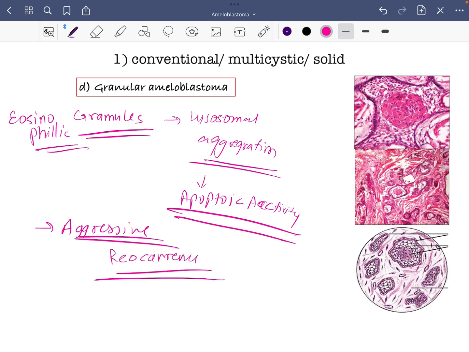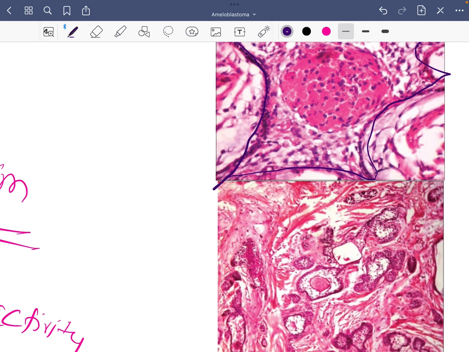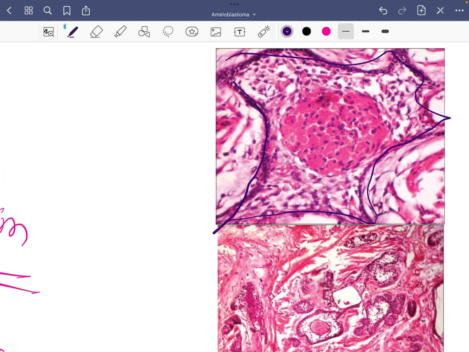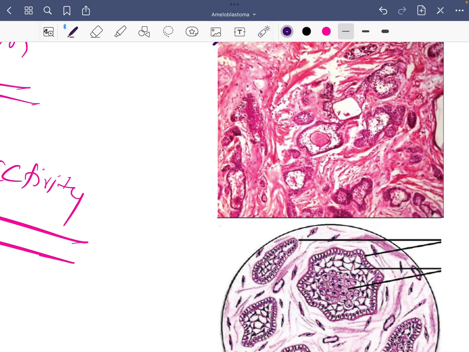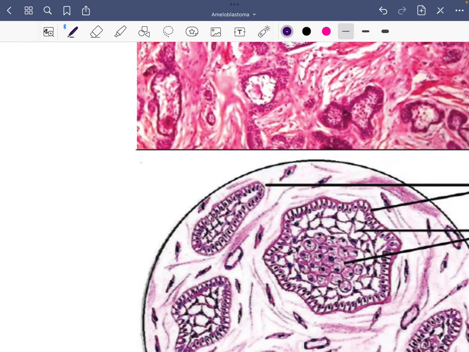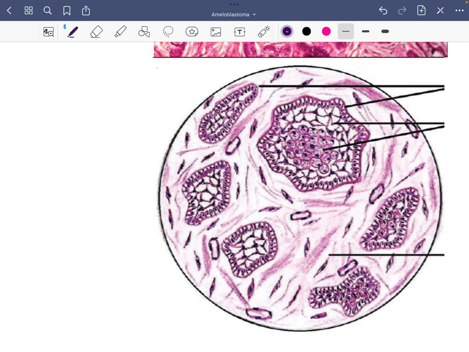How do we draw it? Everything is the same. You draw normal follicular cells. In the centers, you just have to give small eosinophilic granules. These are your granules. Here you can see these pinpoint granules. This whole is your granules. You draw the same as follicular cells.